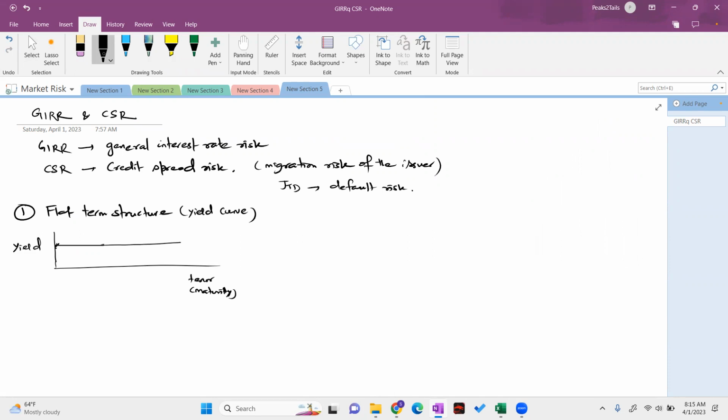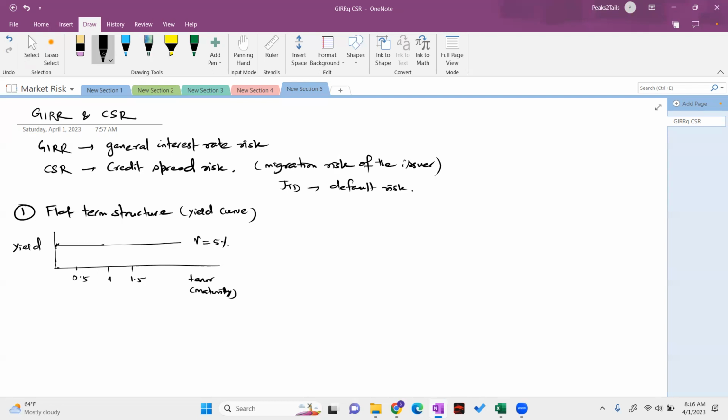So let's say R is equal to 5% for now. That means for every maturity, so 6 months, 1 year, 1.5 years, it's the same rate. Okay. Flat term structure. This is a theoretical, toy example. In real life, you don't have flat term structure. We'll go there, but slowly and steadily.